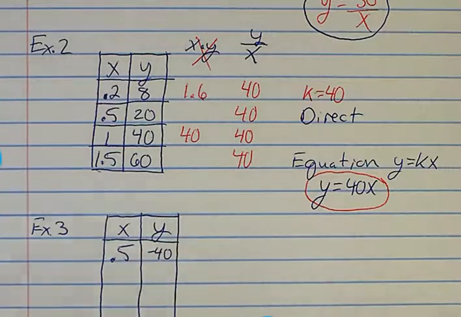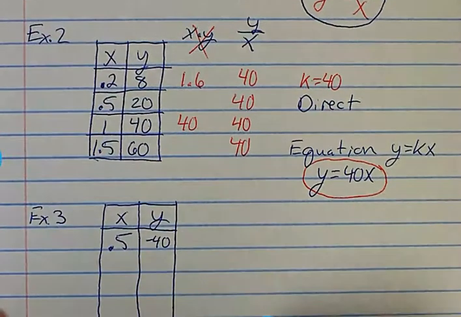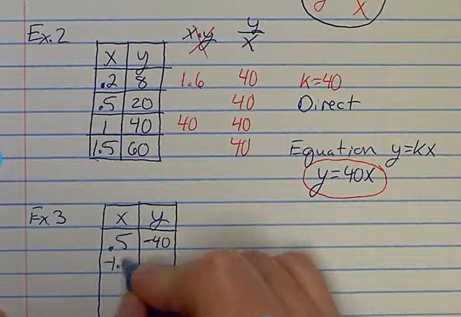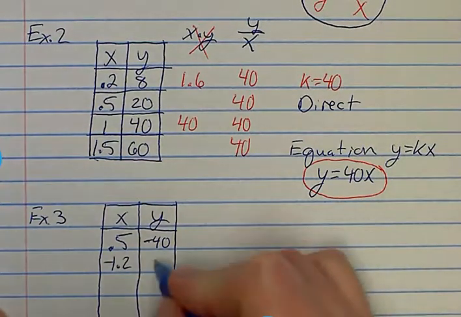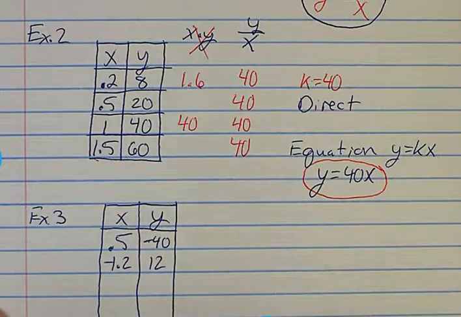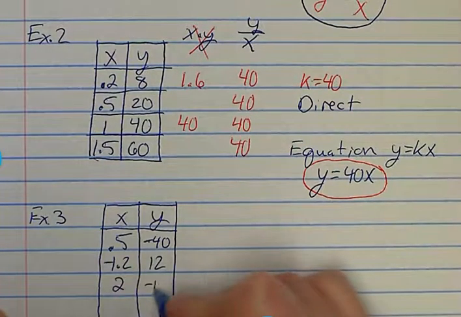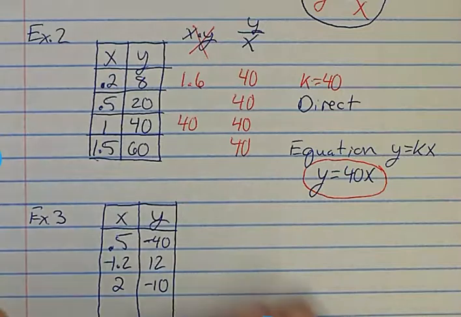All right, so for this one, we'll do 0.5 and negative 40. We'll do negative 1.2 and 12. We'll do 2 and negative 10. And then negative 2.5 and 6.